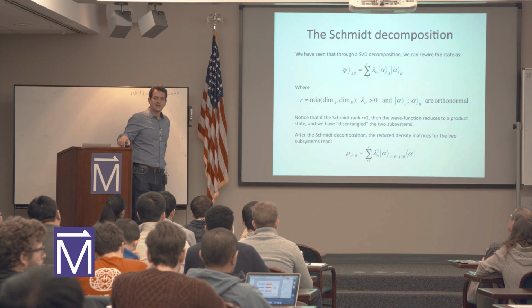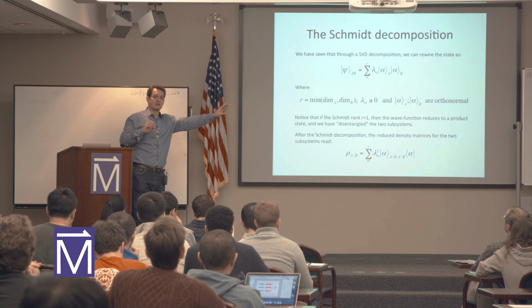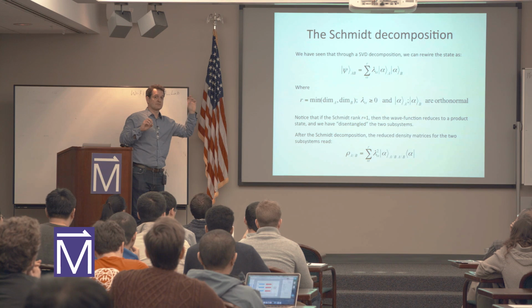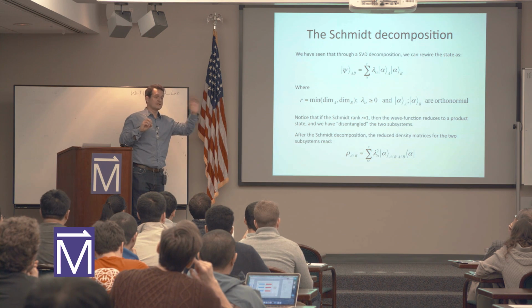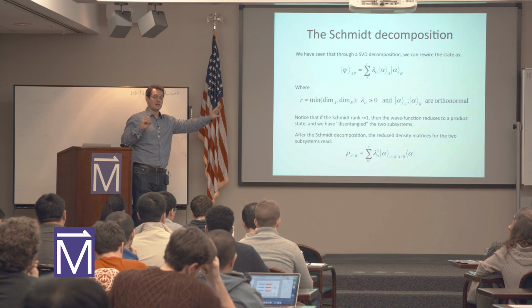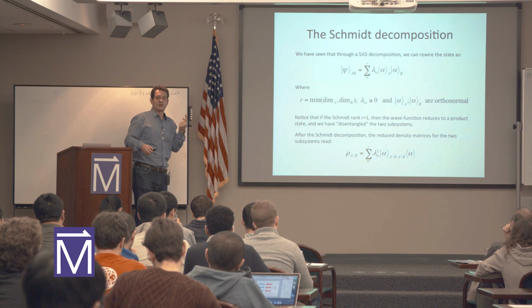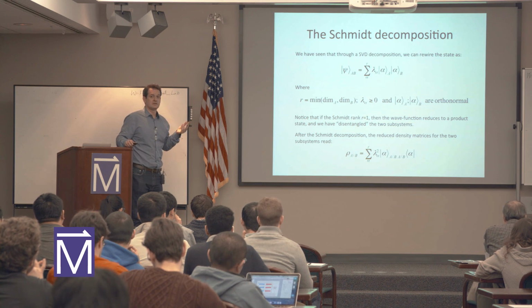Even though your environment is huge, it may have 100 spins, the density matrix still has rank 2. So all the entanglement between the single site and the chain is contained in only 2 states. And it cannot be in more states because you only have up and down for the site.